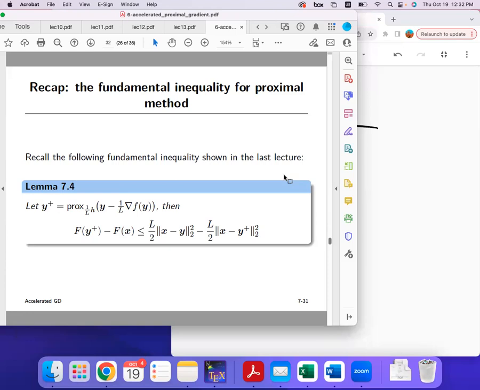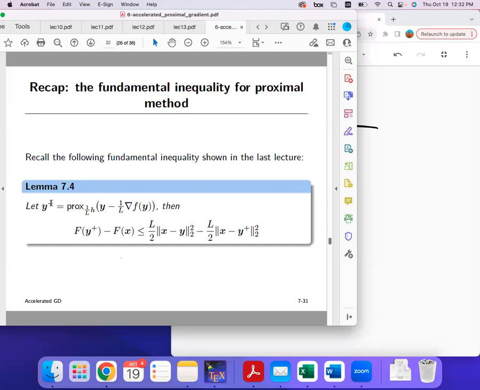This was done in lecture 5. This key inequality characterizes a relation among 3 points, where x and y are arbitrary.